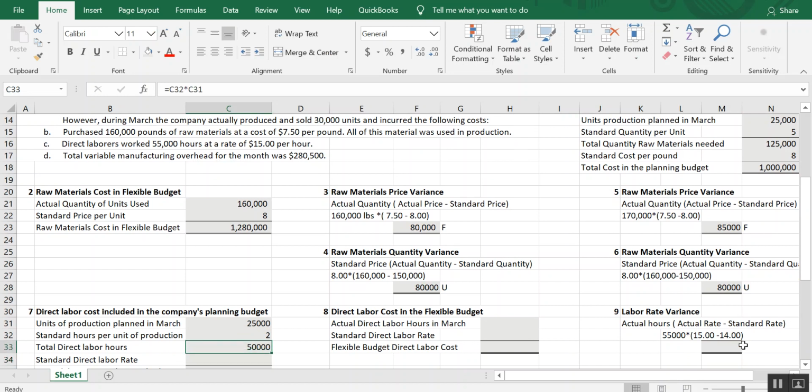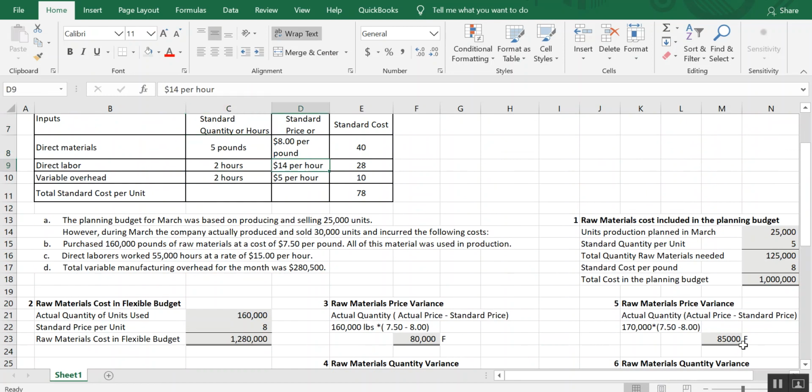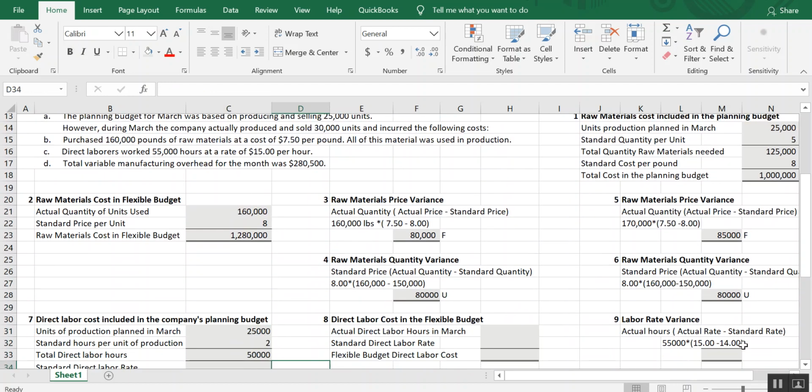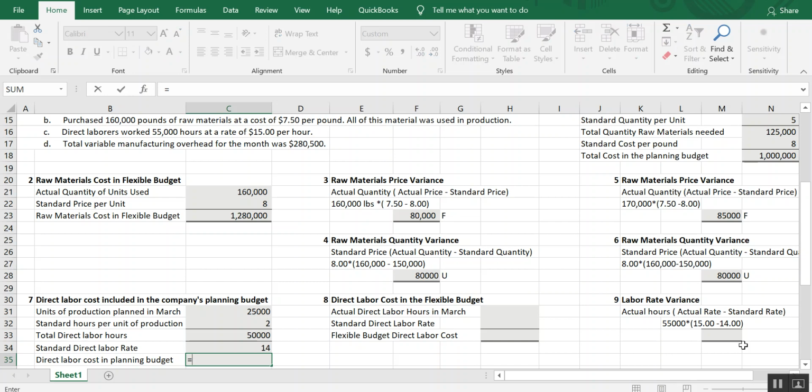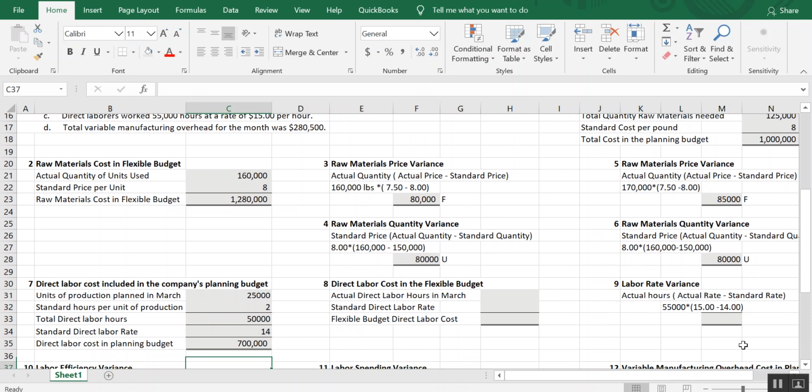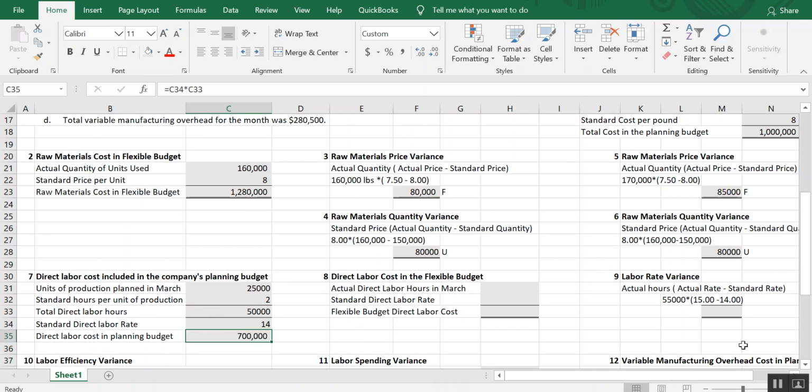Then we use a standard direct labor rate, which is right here, $14 per hour. We pull that down and multiply the $14 per hour times the direct labor hours, and we get $700,000. That's the direct labor cost in the planning budget. That's planning based on a 25,000 unit production, not based on the 30,000 we actually did.